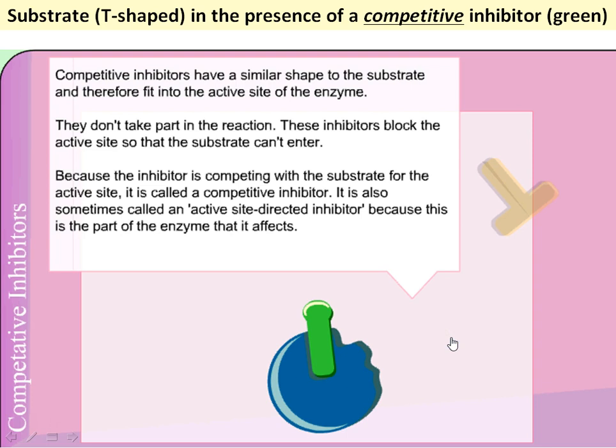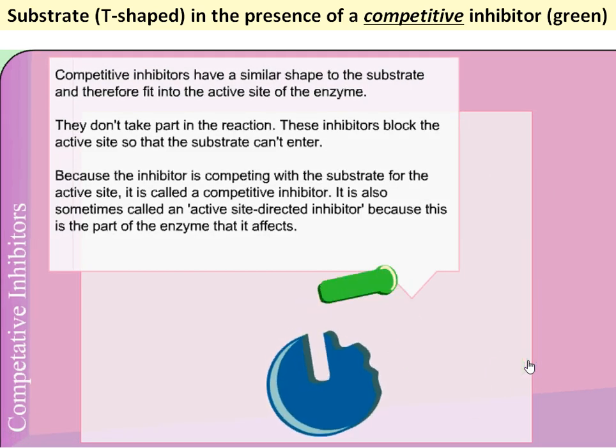In the case of a competitive inhibitor, the first case that we will discuss, there is an active site, and the inhibitor has a similar structure to the actual substrate and therefore competes with the substrate for the active site, preventing the substrate from reaching it. This is the way it slows down the conversion of substrates to products.